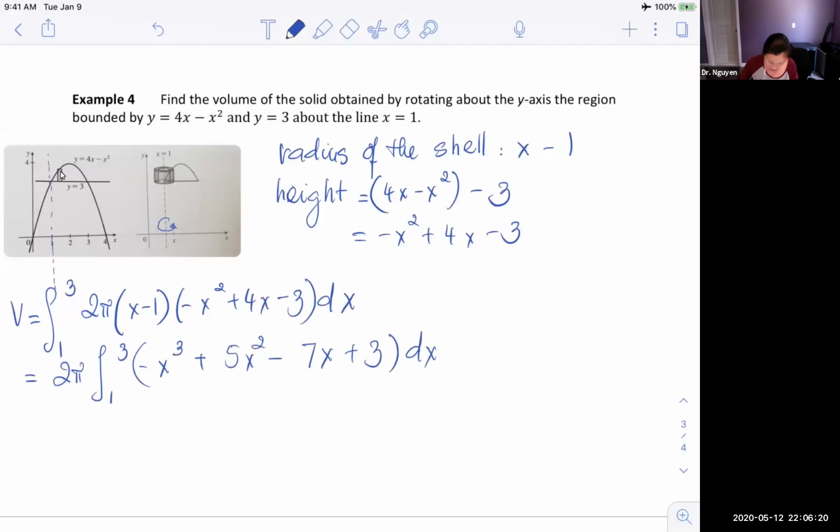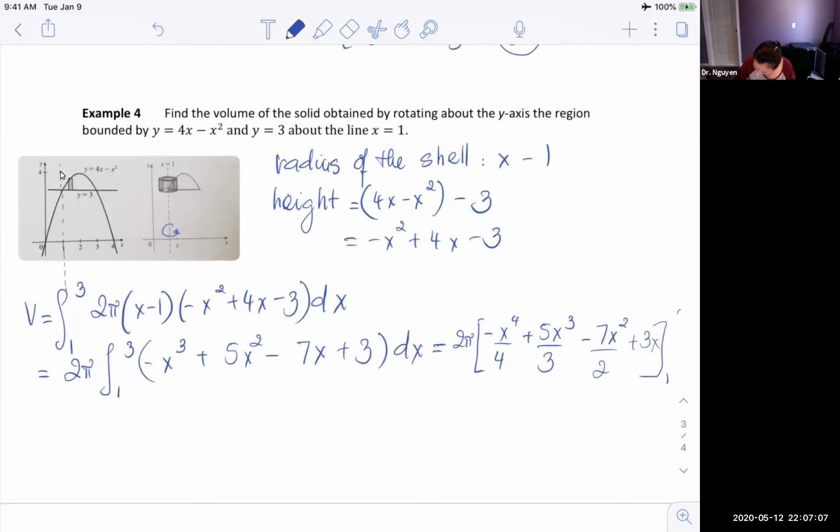Okay, now I'm ready to take the antiderivative. Let me put 2 pi in there. So we get 2 pi times negative x to the 4th over 4 plus 5x cubed over 3 minus 7x squared over 2 plus 3x. And then we want to evaluate from 1 to 3. I'm sorry, I'm running out of space.